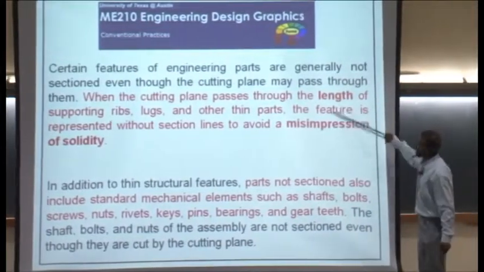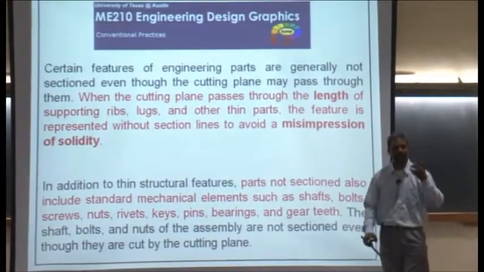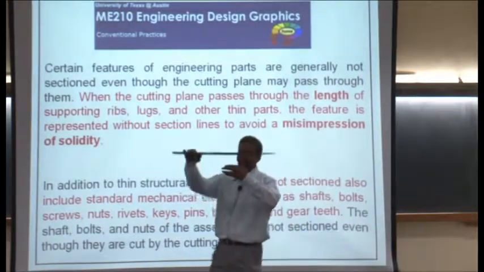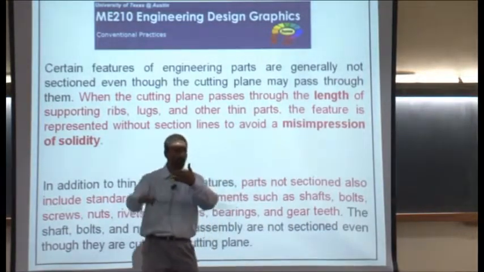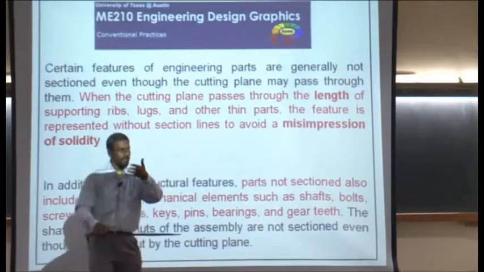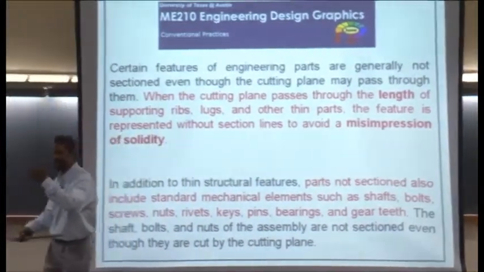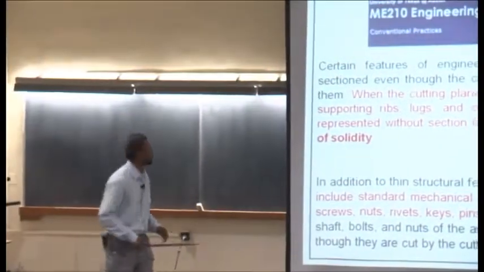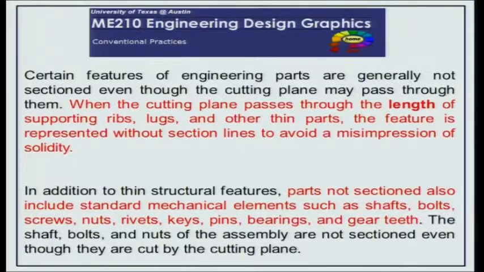Well, what it says is if you have a feature and a section plane that is parallel to the feature, for example, this is a rib, and if you have a section plane which runs parallel to the rib, then this is not sectioned. That's by convention. And the reason is to avoid misimpression of solidity. Talk about that later.